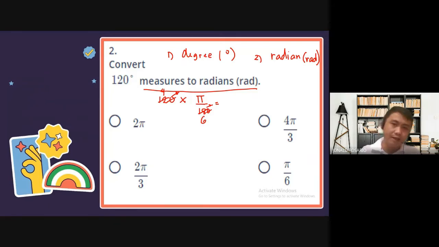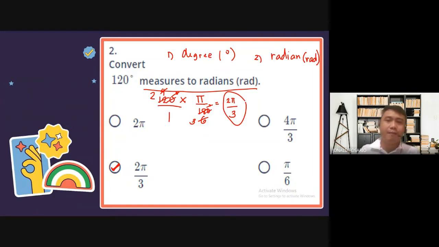Pwede pa pala, i-divide ulit by 2. So 4 divided by 2 is 2, 6 divided by 2 is 3. So 2 times pi is 2 pi over 1 times 3, which is 3. So we have 2 pi over 3. Okay? That's how we convert degree to rad.